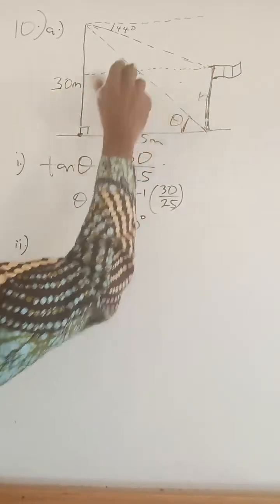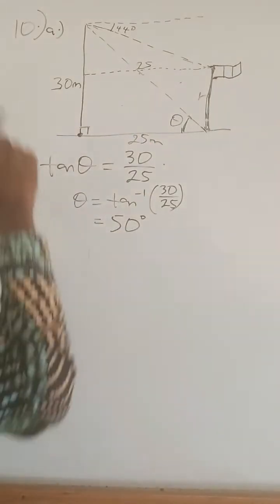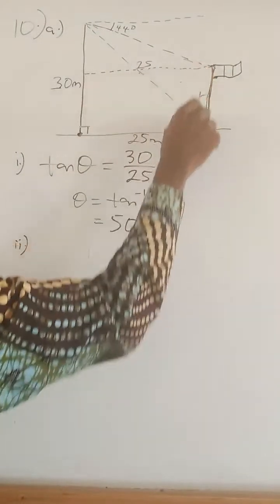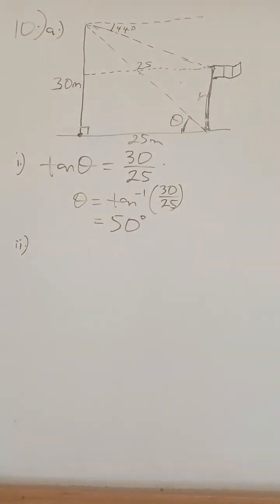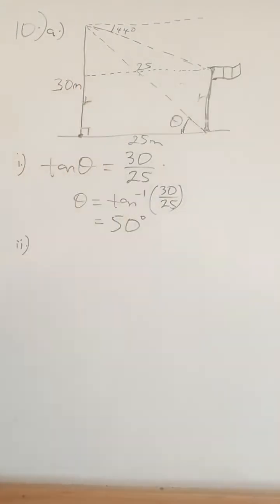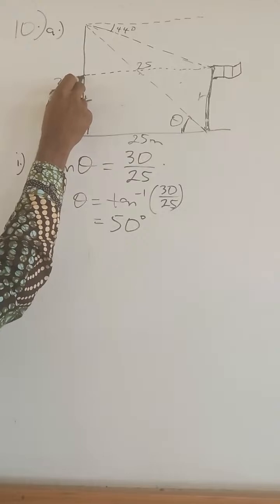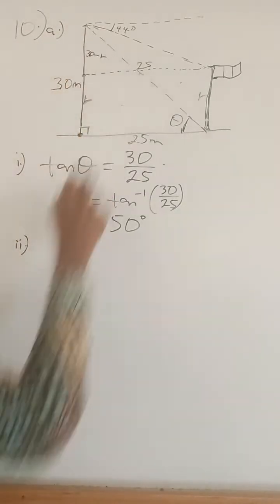We have a rectangle here, and so this is 25. Equally, if this is R, then this is R also. Means I can as well call this R. And that means from this point to this point, we can call it 30 minus R.